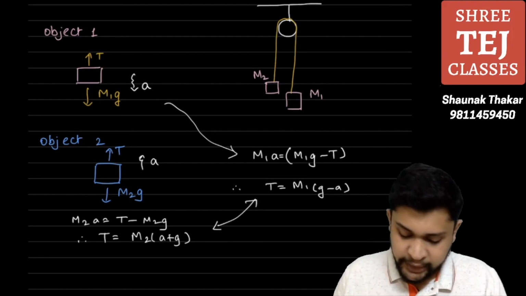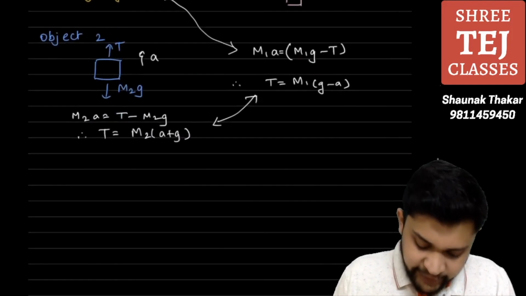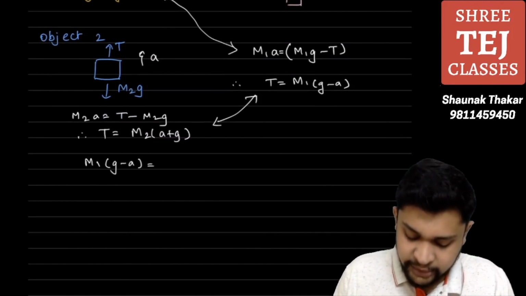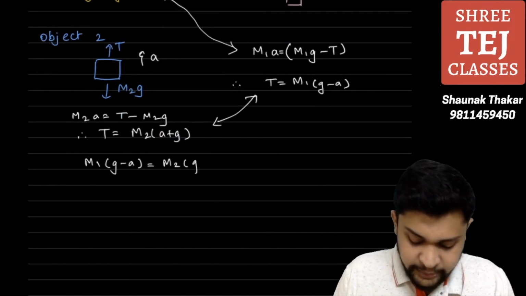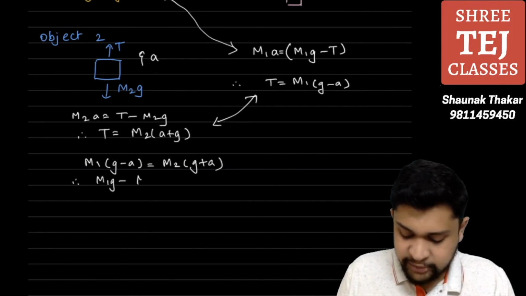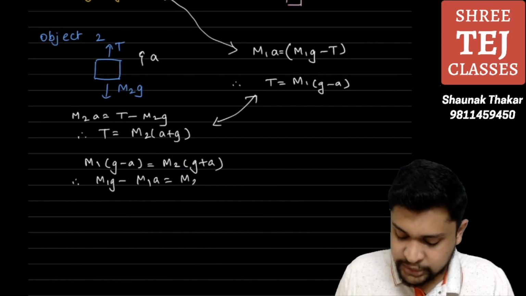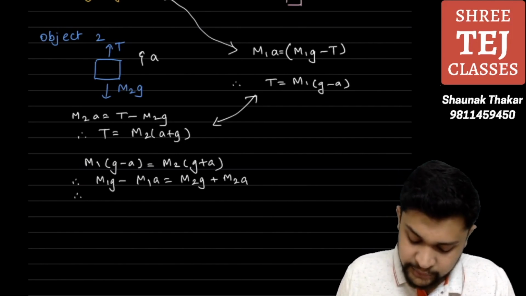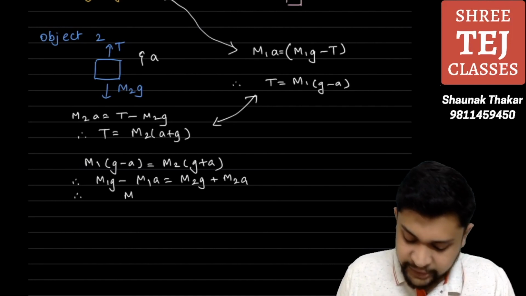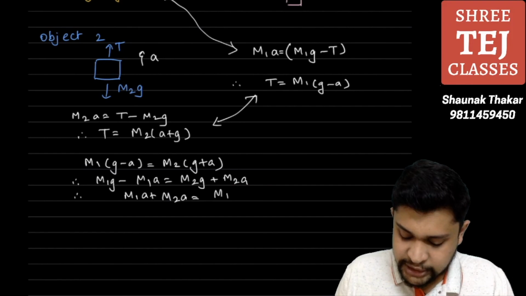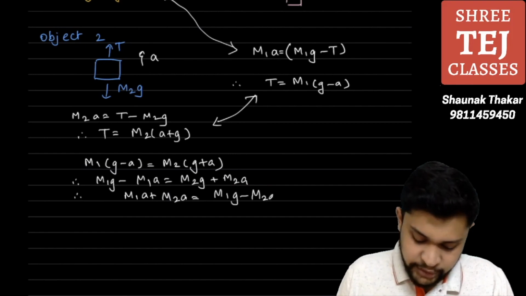Now, both these tensions are the same. So, we will equate them, and hence we will find m1(g minus a) is equal to m2(g plus a). Therefore, m1g minus m1a is equal to m2g plus m2a. Therefore, m1a plus m2a becomes m1g minus m2g.